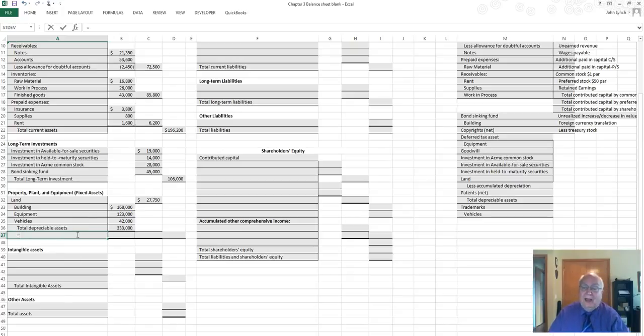Then, like you normally would have, you'd have less accumulated depreciation of 189,500. And then we add those two together. Gives you 143,500. Now this is a little different because what you had in the past was you had equipment, less accumulated depreciation, vehicles, less accumulated depreciation, buildings, less accumulated depreciation.